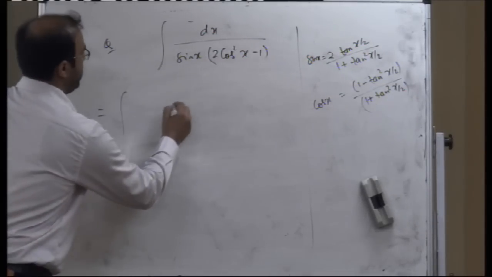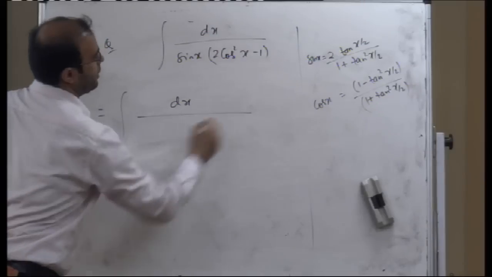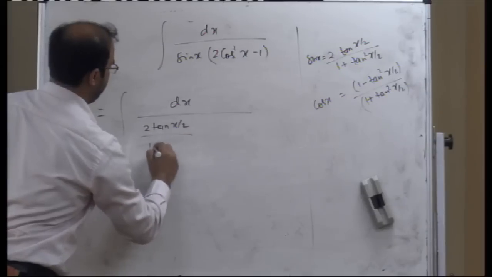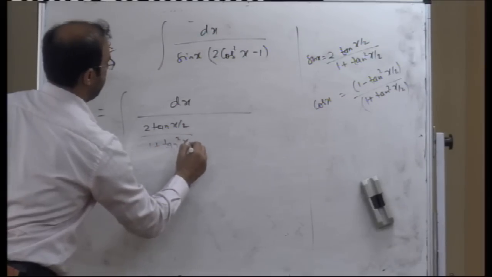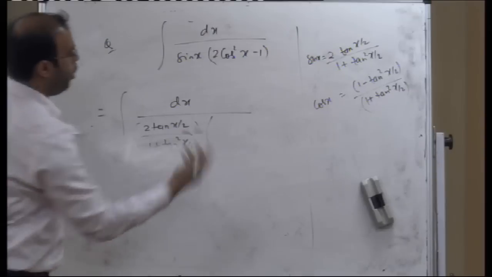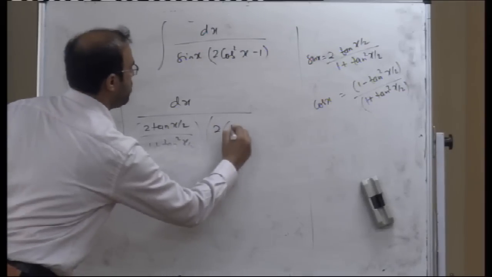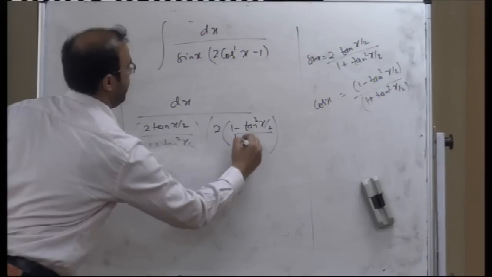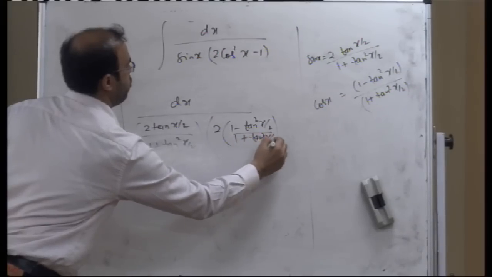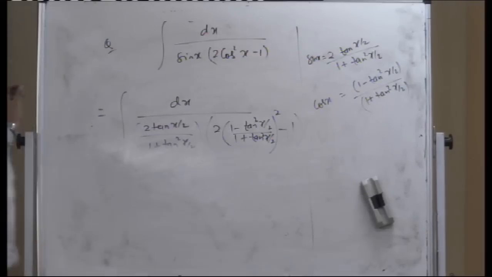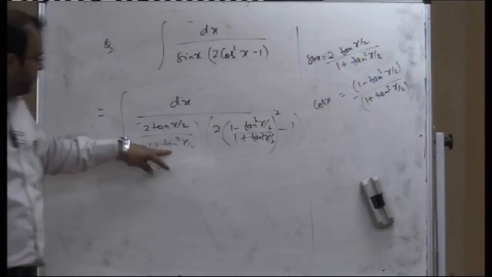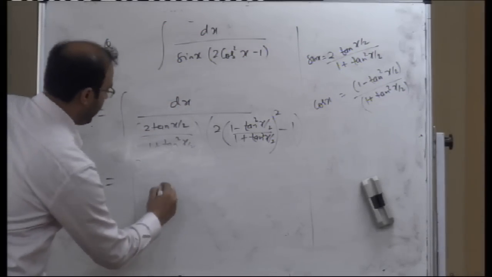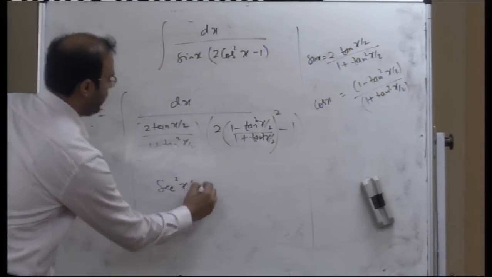So dx upon sin x would become 2 tan x by 2 upon 1 plus tan square x by 2, multiplied with 2 cos square x by 2, which will become 2 into 1 minus tan square x by 2 upon 1 plus tan square x by 2 whole square, minus 1. And then this 1 plus tan square x by 2 goes in the numerator. So this 1 plus tan square x by 2 can be written as sec square x by 2.